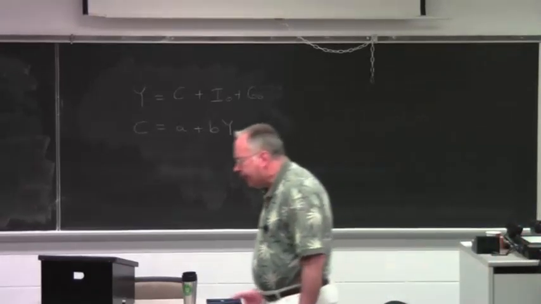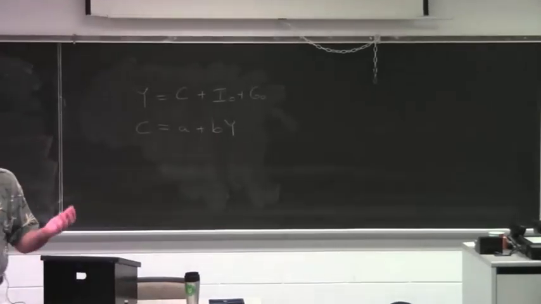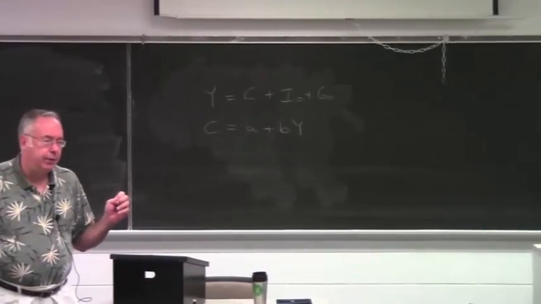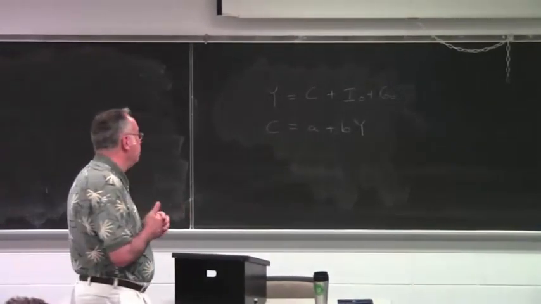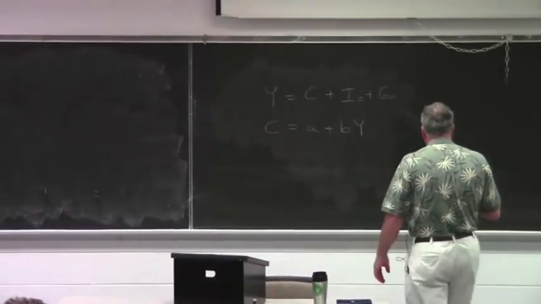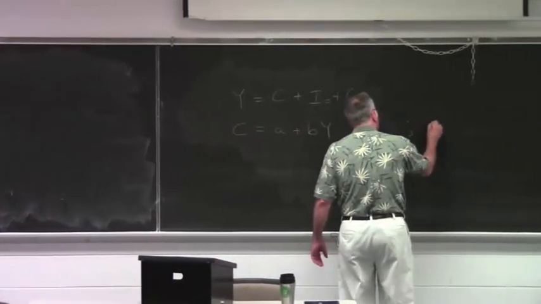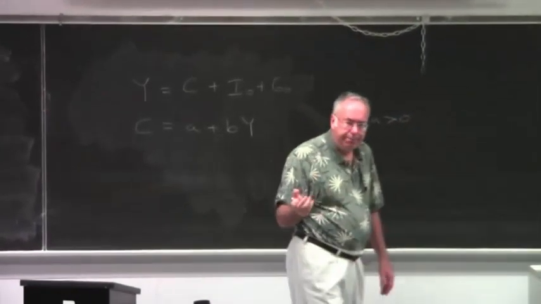Okay. And then what about the parameters in the model? What are the parameters? Yeah, A and B. Okay. And what we're assuming about A is typically we assume A is positive. And B, what is B in this model?